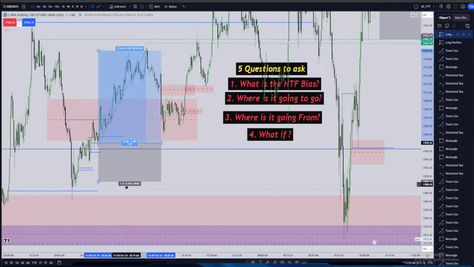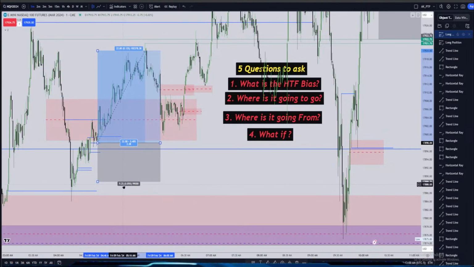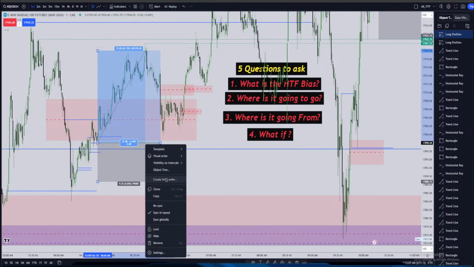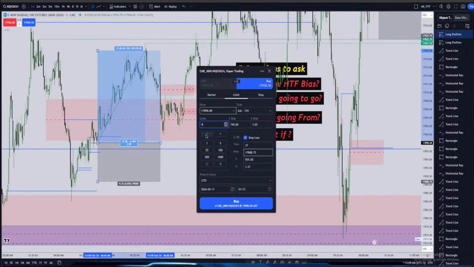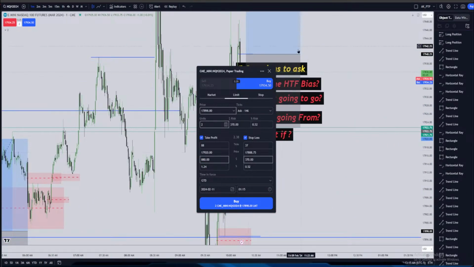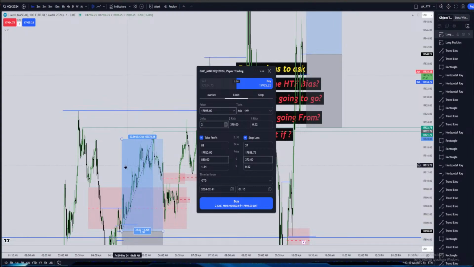How much am I risking? 9.25, that is $185. So with $185 risk, I'm getting $440 by taking one lot. Now here is the thing, I can take two lots and it's only $370. Now the same 300 that you are seeing here is giving me $880.